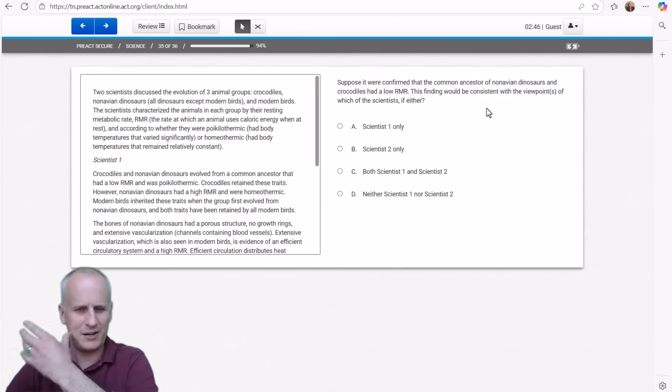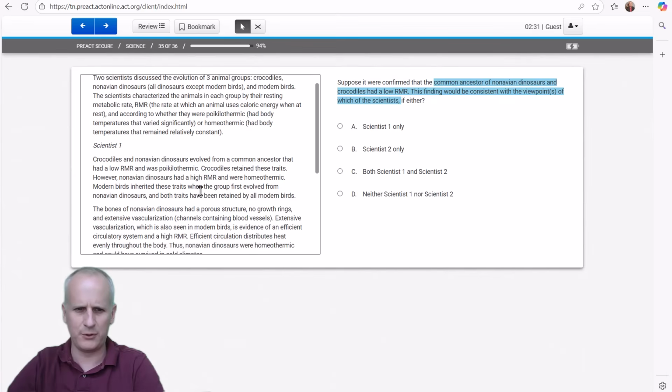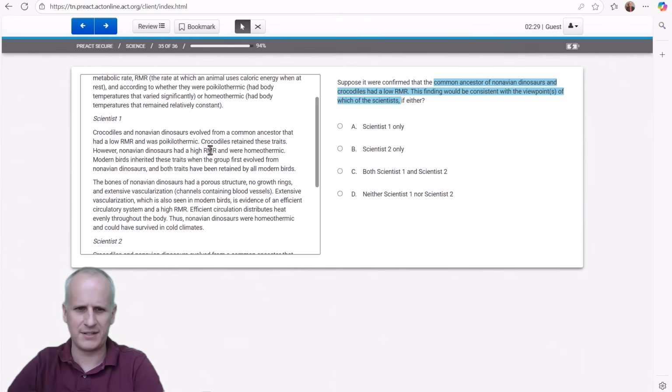Here we're asked, suppose it were confirmed that the common ancestor of non-avian dinosaurs and crocodiles had a low RMR. This finding would be consistent with which of the scientists, if either? So again, we're going to just focus on the common ancestor of the non-avian dinosaurs and crocodiles, according to scientist one.